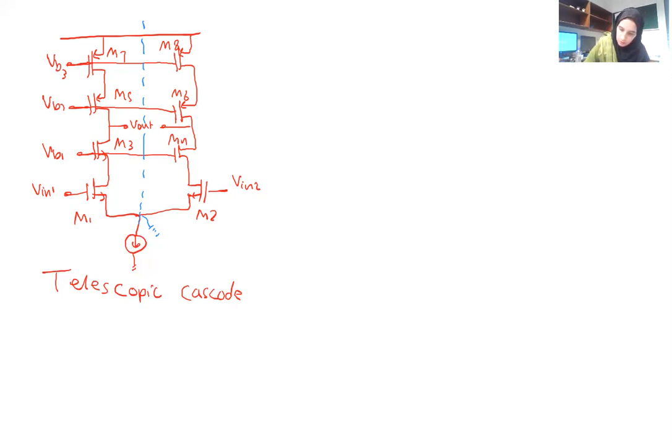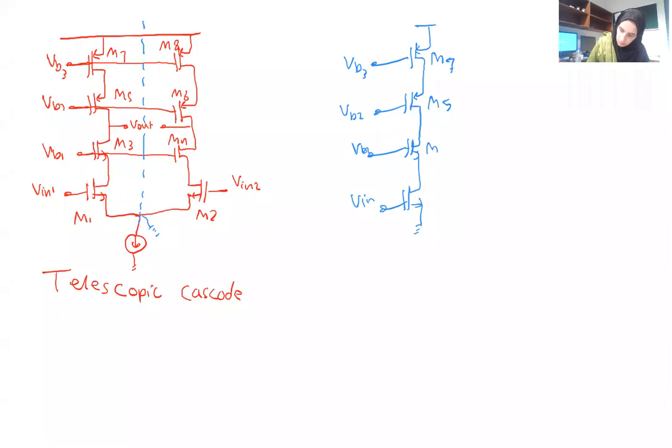So again, we can just draw a model. This is VN, VB1, VB2, and VB3, M7, M5, M3, and M1, and the Vout is here.